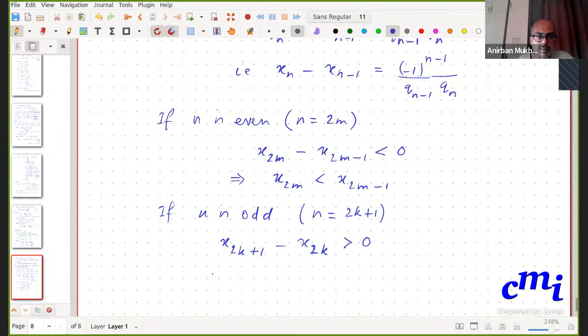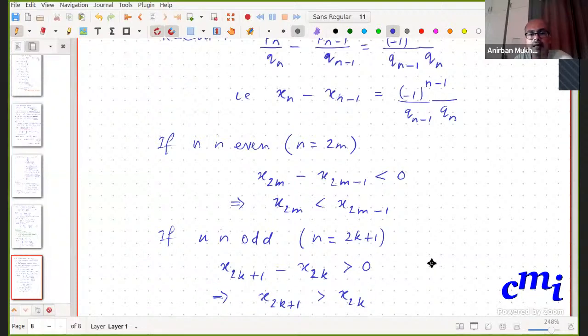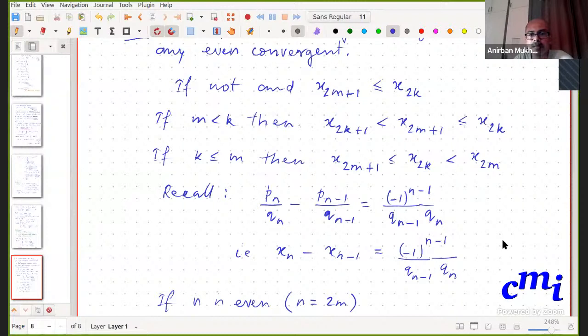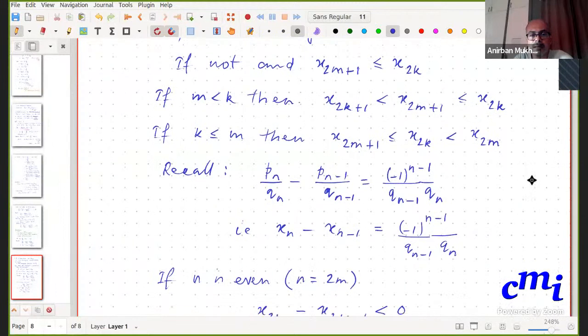Therefore, x2k plus 1 is greater than x2k, and this happens for every k, and similarly the previous one. That's a contradiction because that is what is being reversed here. So it's strictly less than, in fact, x2k, and a similar situation here as well. So that's not possible.